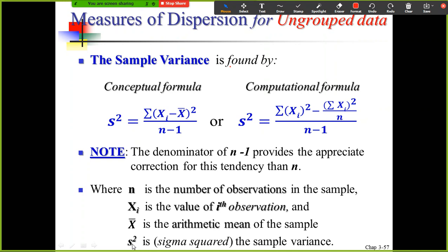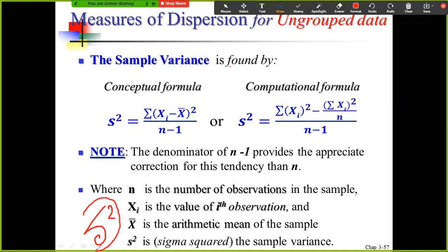Sigma square, this is not S, it should be like this one. This is the way to write the correct one, not S. Sigma square stands for sample variance.